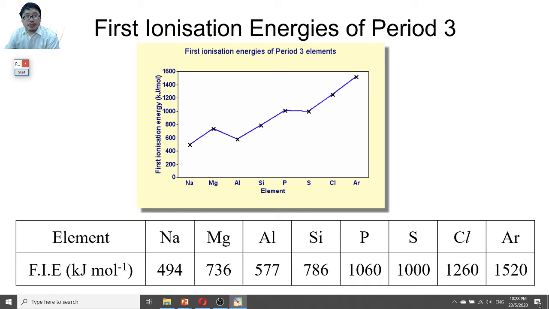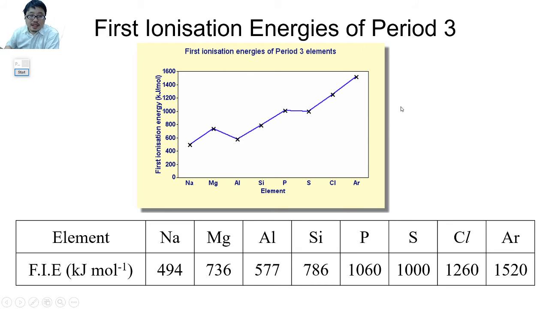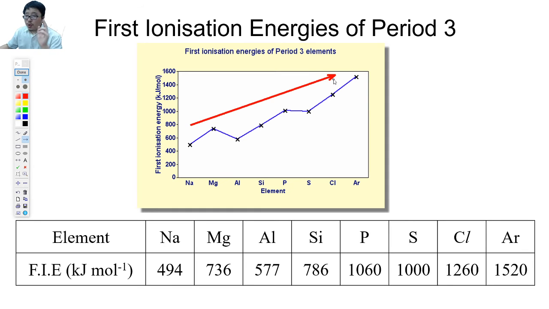Now, let's talk about the first ionization energies of period 3. You have sodium, magnesium, aluminium, silicon, phosphorus, sulfur, chlorine, argon. Now, first it rises up. Let us analyze this. It rises up in general. The only 2 things that happen are the drops right here.